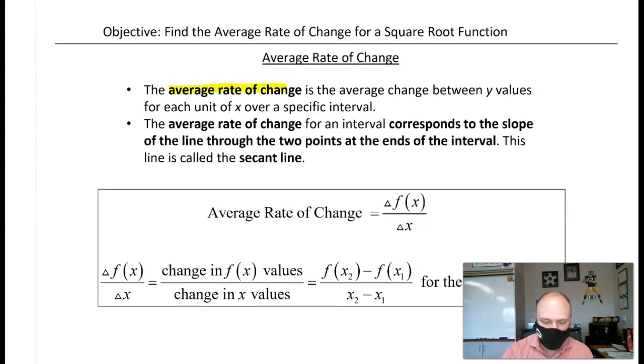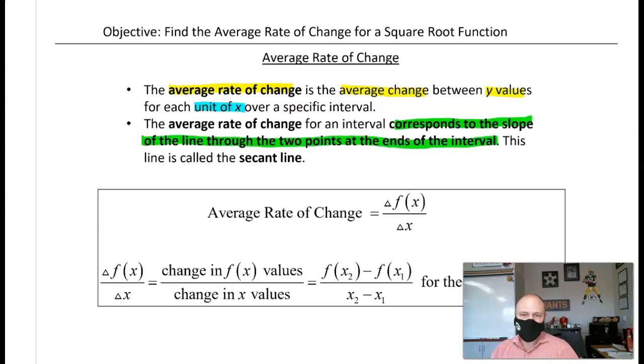Average rate of change is the average change between y values over each unit of x for a specific interval. The average rate of change for an interval, again, corresponds to the slope of the line through the 2 points at the ends of the interval. So we're just finding the 2 points and we're calculating the slope.